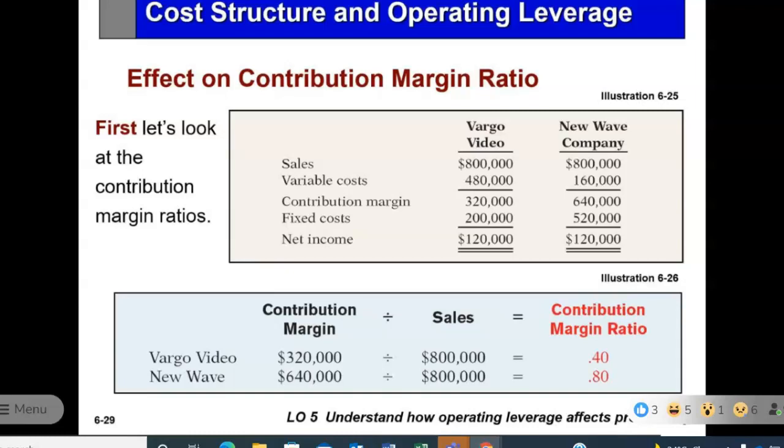But look at New Wave. They get a contribution margin ratio of 80%. So they have double the contribution margin ratio. They also have more than double the fixed costs.